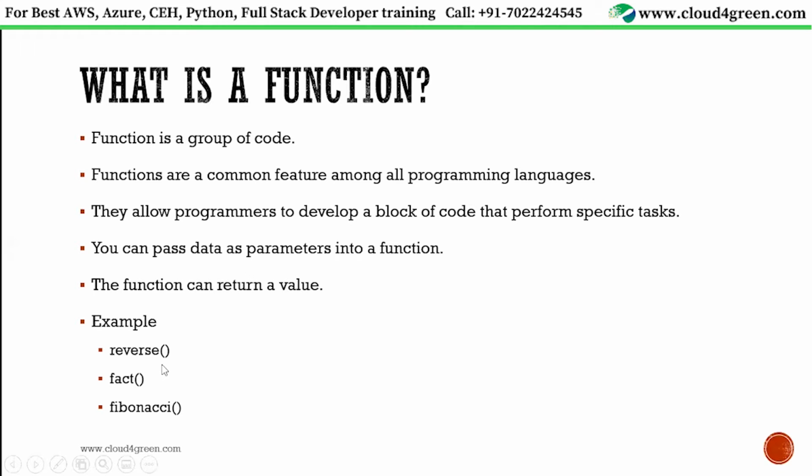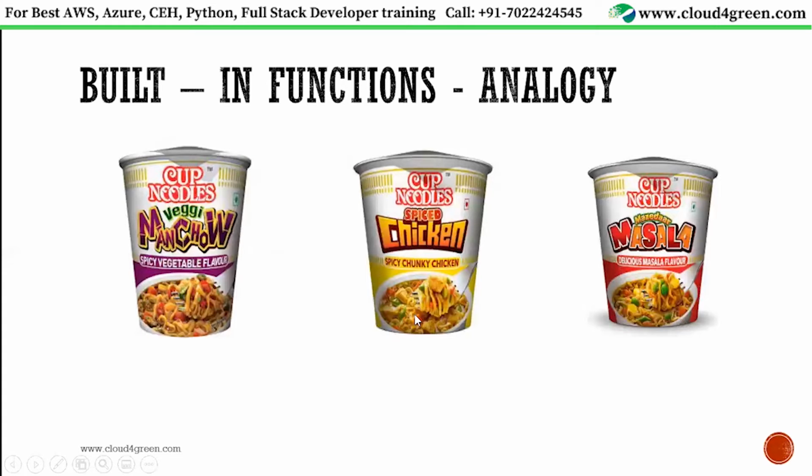Reverse could be a function name, fact could be a function name, Fibonacci could be a function name, which generates a Fibonacci series, and so on. Basically, a function is nothing but a name given to a block of code, and every function we write in Python is capable of taking in an argument and also returning a value.